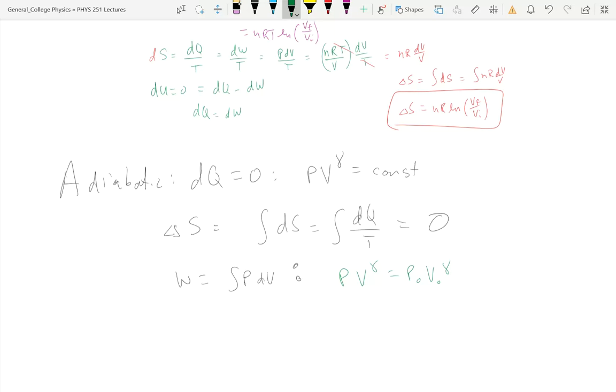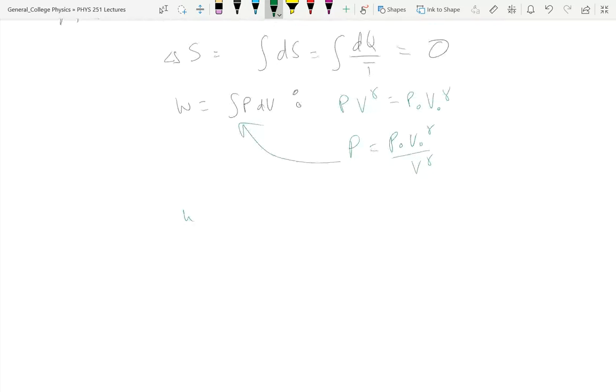And so then I can write P is equal to P naught V naught to the gamma over V to the gamma. Substitute that in here, and I have my work is equal to the integral of P naught V naught to the gamma dV over V to the gamma.